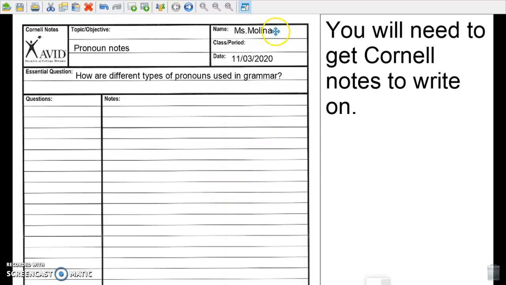I need you to put your name up at the top just like I did, except instead of Miss Molina, yours should say your name, and then the date, which is November 3rd, 2020. Your topic is pronoun notes, and your essential question is, how are different types of pronouns used in grammar?